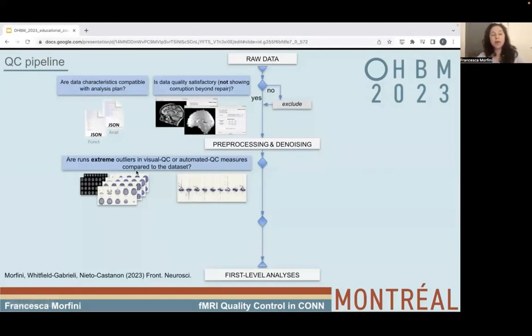And this is also another moment in which we can assess whether the issues that we noted at the previous quality control checkpoint that were present in the raw data are still present after preprocessing, even though we would have expected them to be, if anything, mitigated. But perhaps this hasn't happened at a level in which we are satisfied, for example.